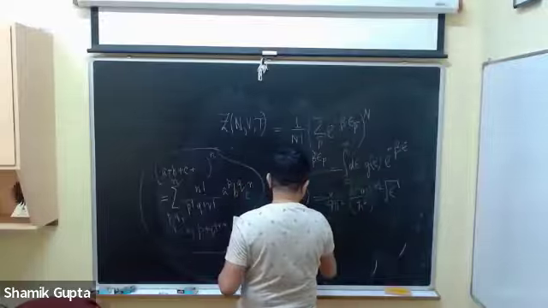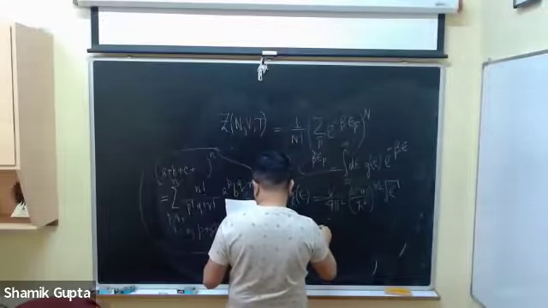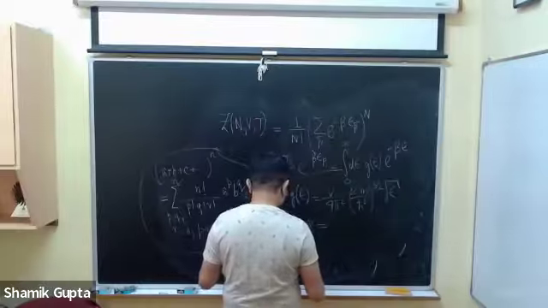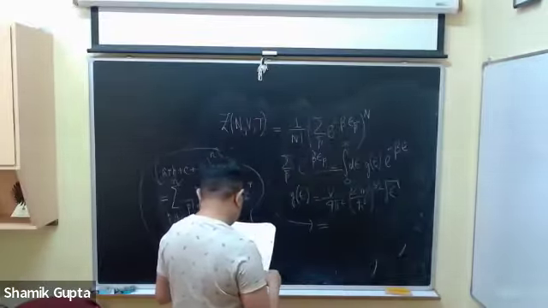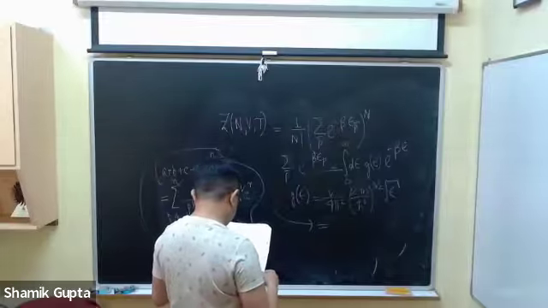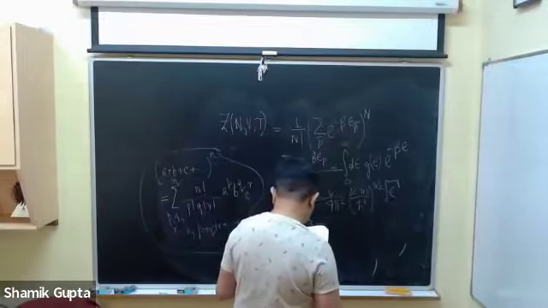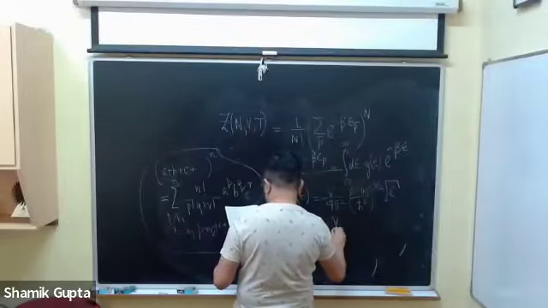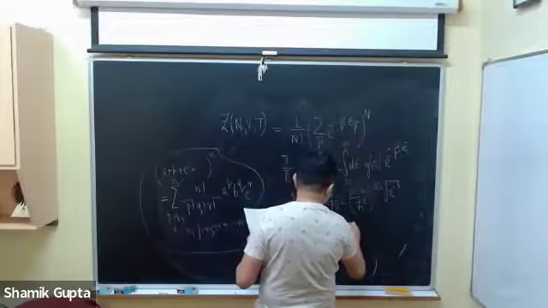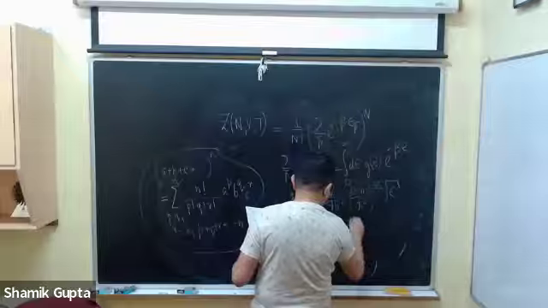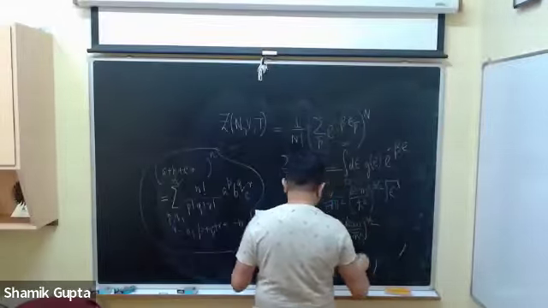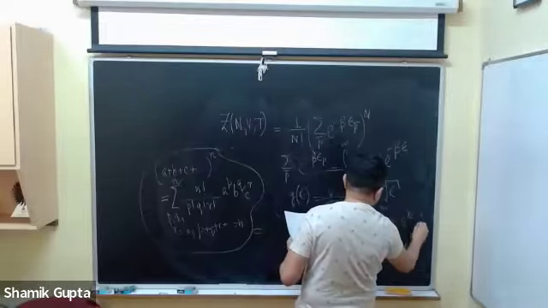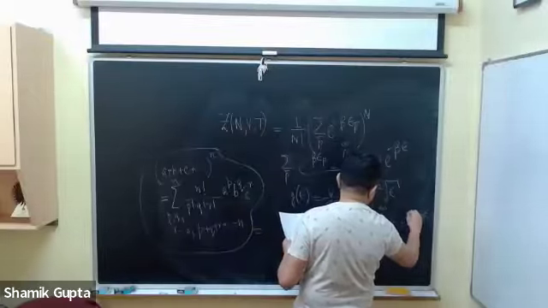If we just substitute it here, I get this to be equal to V divided by 4 pi squared of (2m by h bar squared) to the power 3 by 2 of the integral from 0 to infinity of d epsilon, epsilon to the power half, e to the power minus beta epsilon.